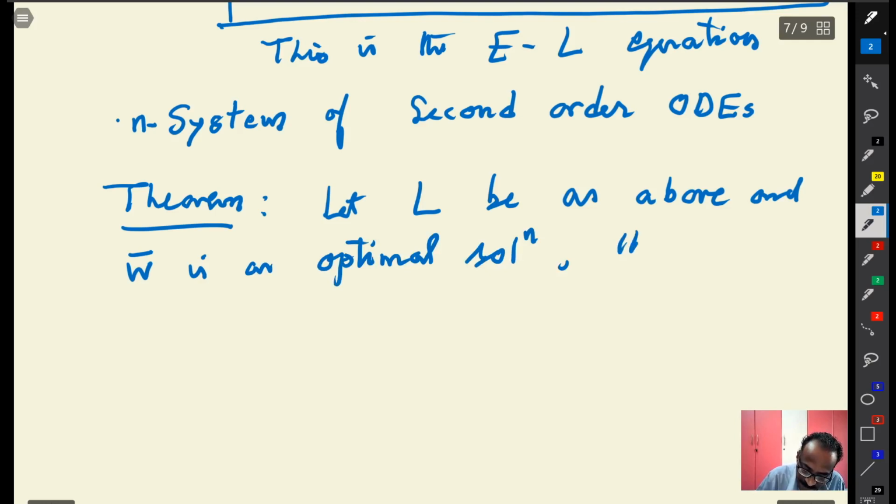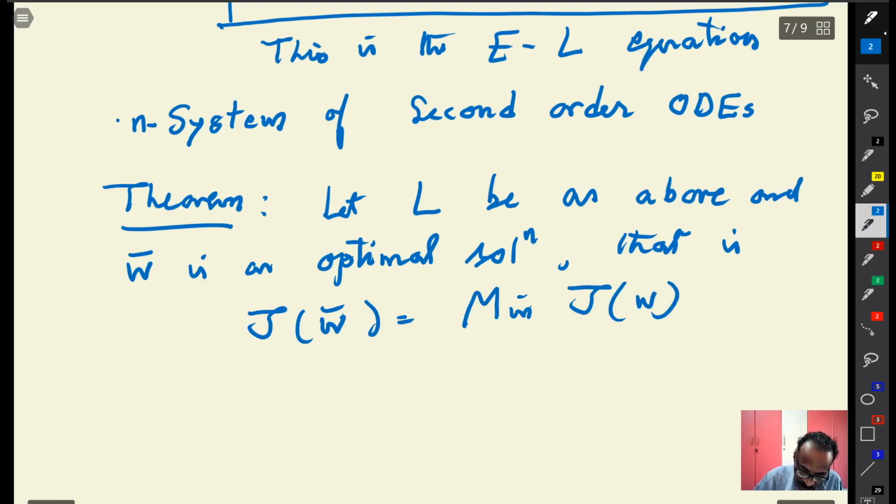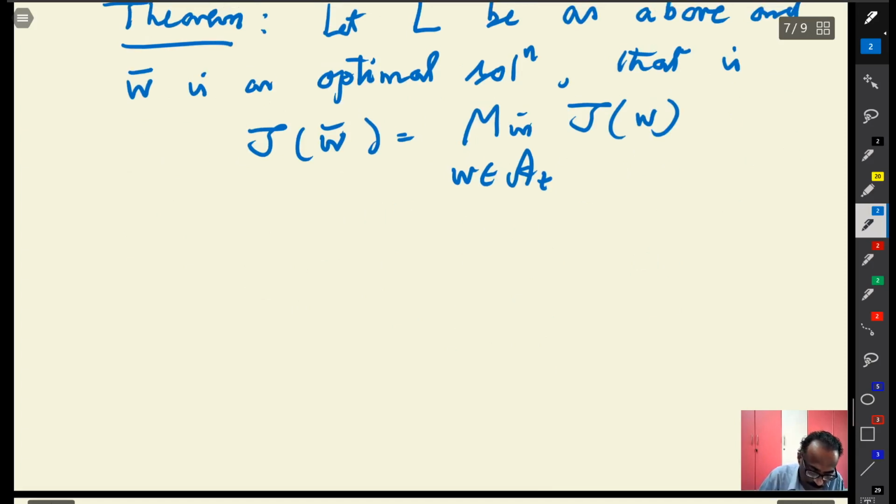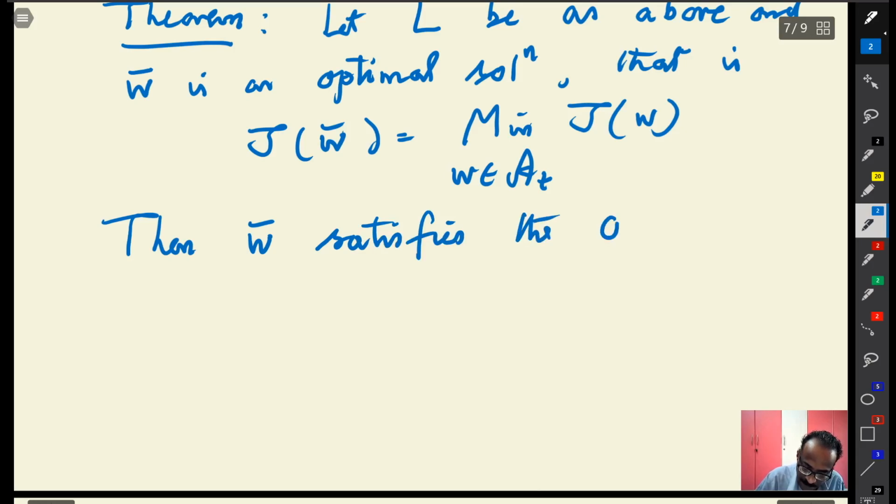That is, J of W bar is equal to the minimum of J of W in AT, then W bar satisfies the ODE system star.